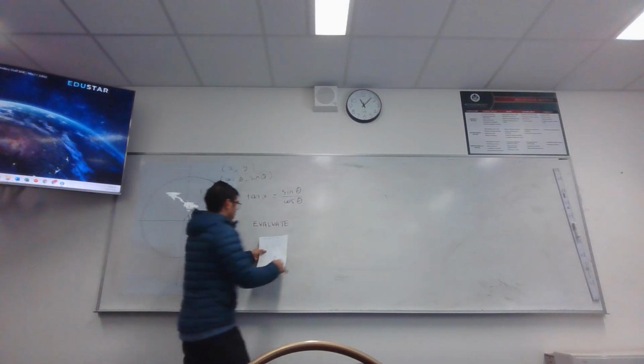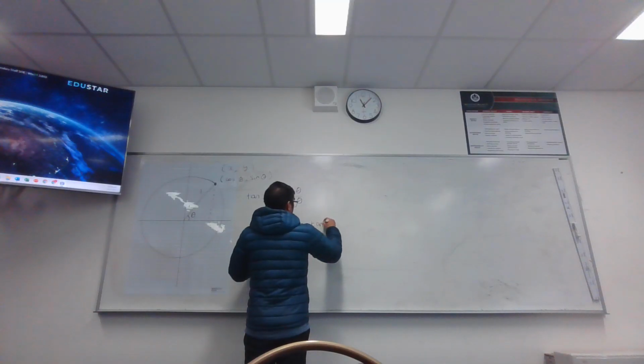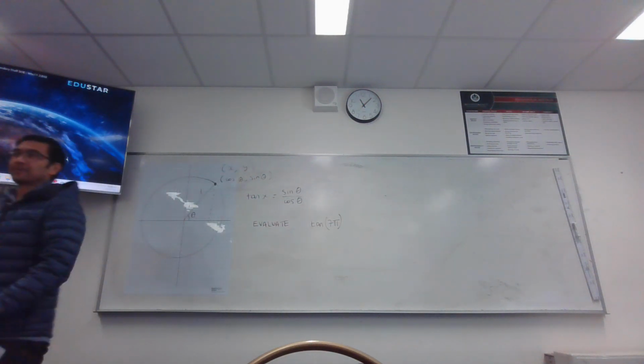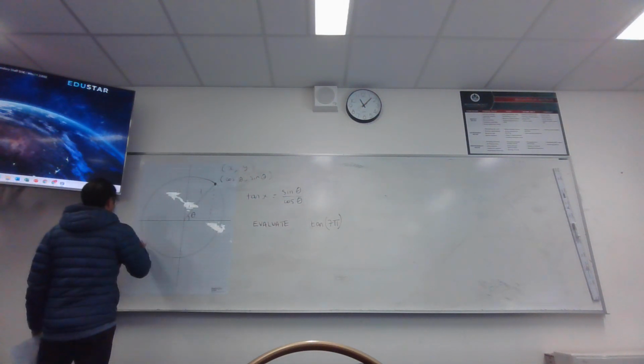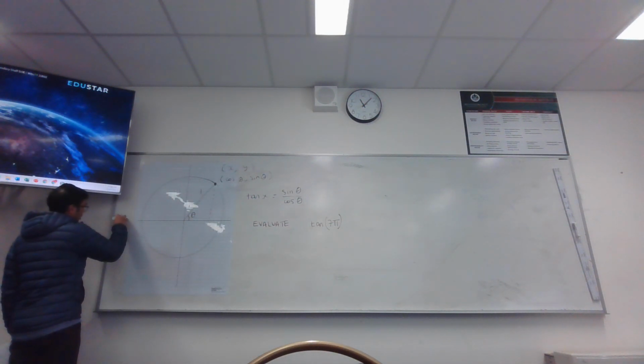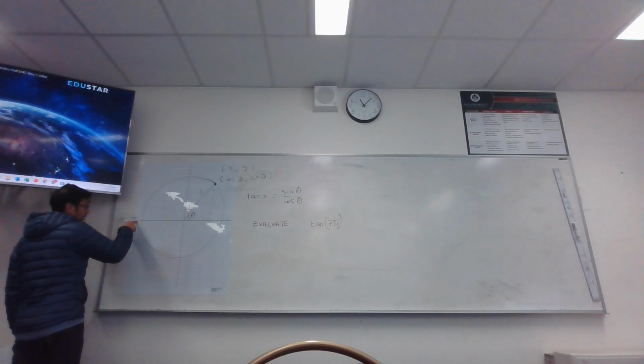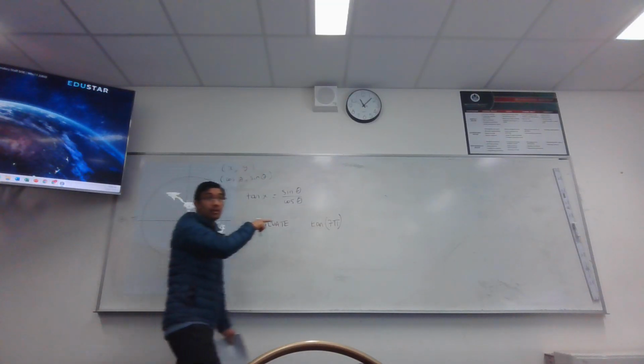So if I ask you to evaluate tan 7 pi, that's going to here, 180, and you might be questioning why is that just going to this pi here when it's 7 pi?